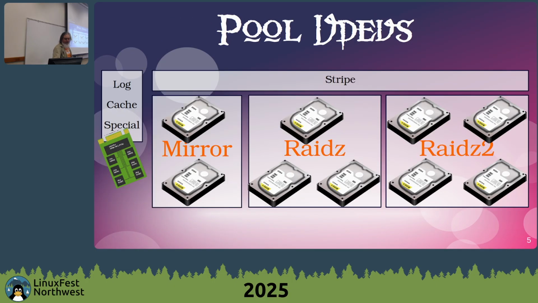So ZFS is a disk and volume management system that stripes over a combination of either mirrored VDEVs, which is a group of mirrors, a group of RAID Z, or a group of RAID Z2.